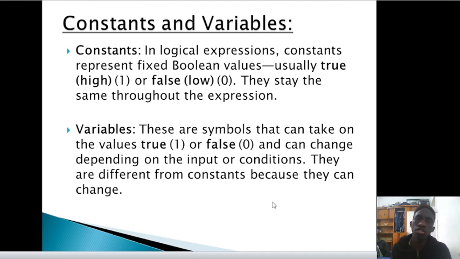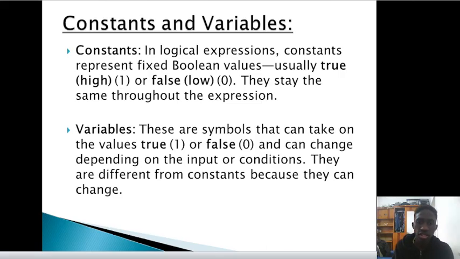Before we really talk about logic operators, let's look at constants and variables. So what is a constant? In logical expressions, constants represent fixed Boolean values, usually true (high), that's 1, or false (low), which is 0. They stay the same throughout the expression, so a constant is always fixed.